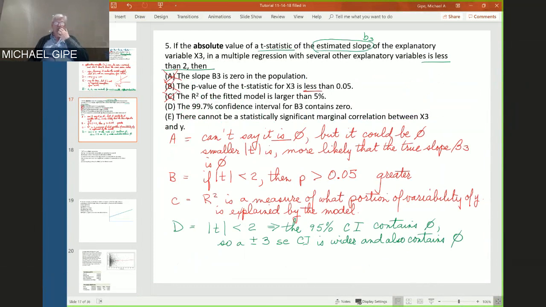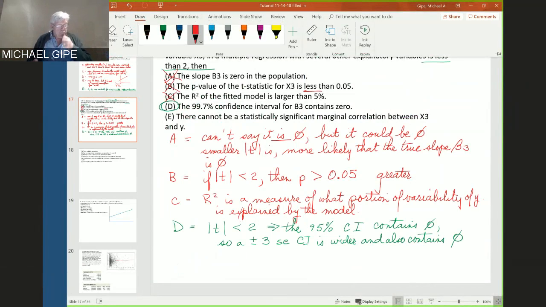If we're looking at a 95% confidence interval, we're looking at a t count of 2, so that interval is plus or minus 2 standard errors. Our 99% confidence interval must be based on 3 standard errors, so it's even wider. If the 2 standard error interval contains 0, then obviously the bigger interval also contains 0. So that is the correct answer.